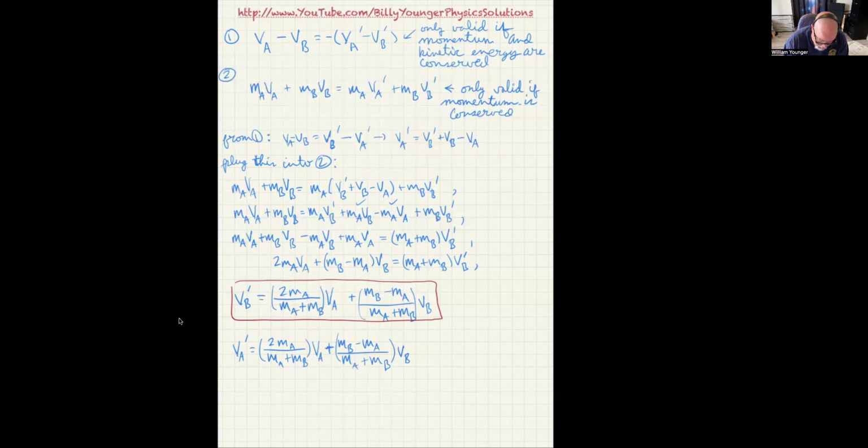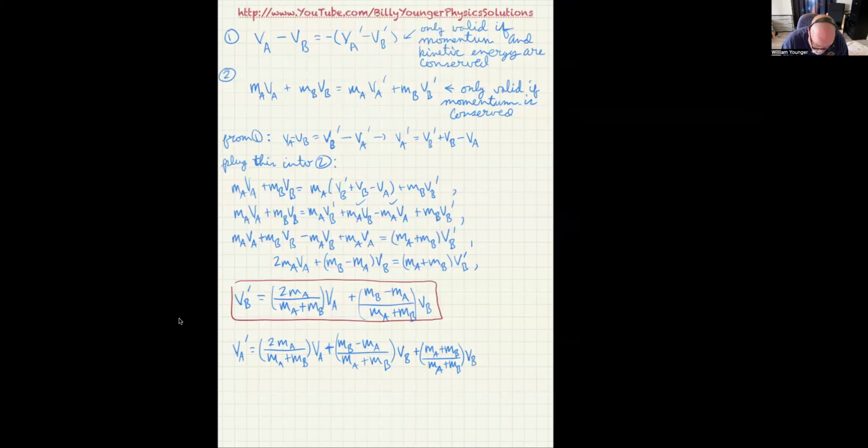I can see the denominator is MA plus MB, so I'm going to go ahead and make a common denominator while I'm at it. So instead of just adding VB, I'm going to say plus MA plus MB over MA plus MB, and all that will be multiplied by the VB that we were adding.